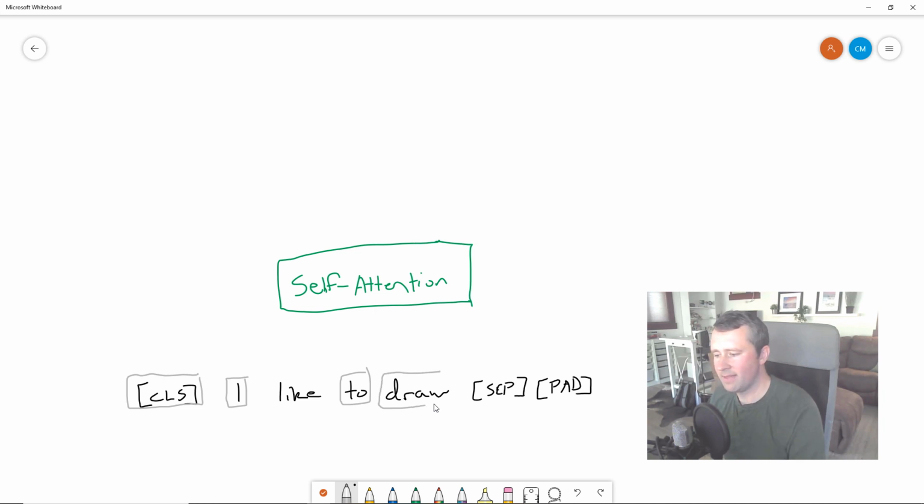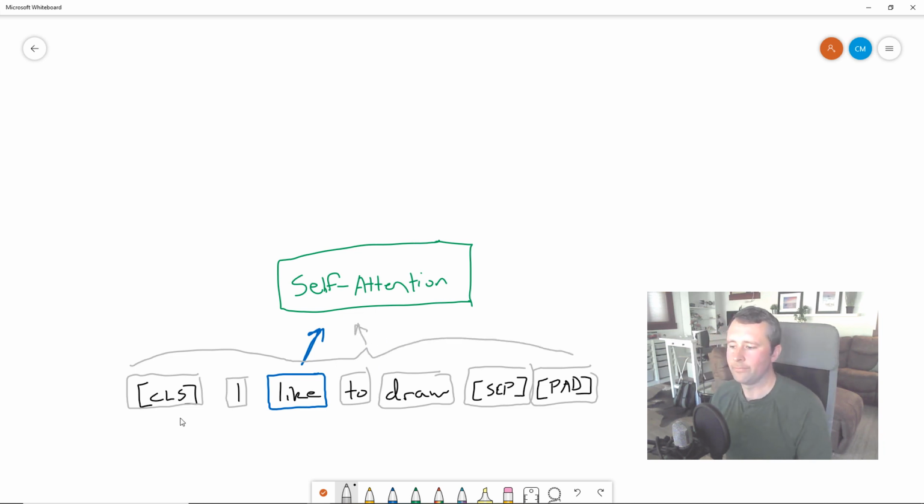And we can say that the encoder encodes one word at a time. So let's say that the current word that we're trying to encode is the word like. So the embedding for the word like is going to go into the self-attention layer. But the self-attention layer is also able to reference all of the other words in the sentence as well. Then on the output of the self-attention, we're still just encoding the word like.